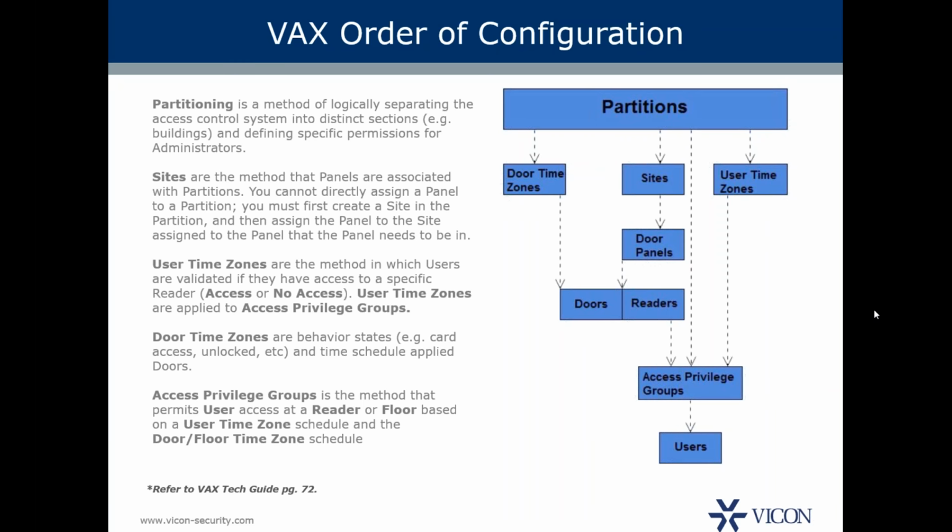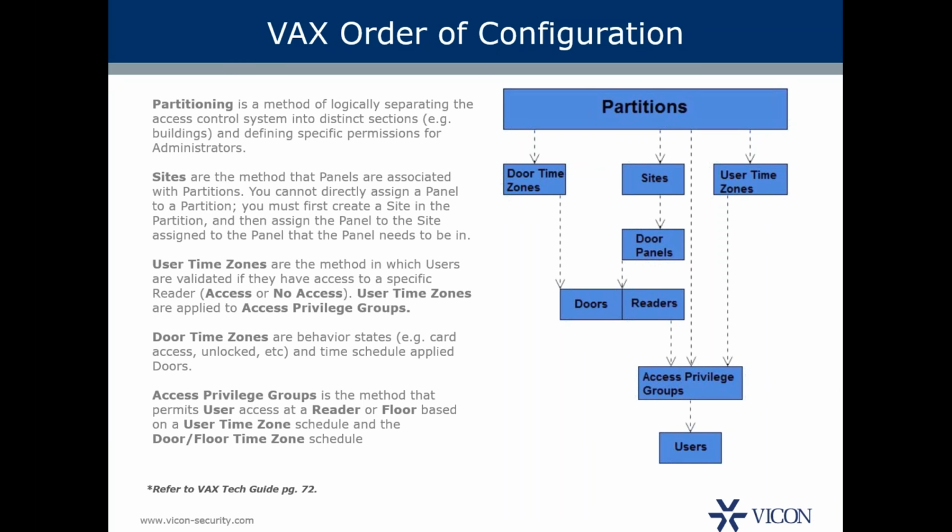Okay. And sites is the way that we actually associate a door panel to the partition itself. So first you create the partition, then you create sites, and then you add on door panels through the sites to connect to the partition. And then you have user time zones, which are the policy that you set on the doors to allow individual card holders access to the doors.